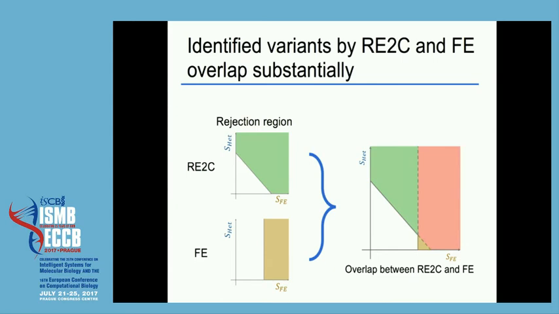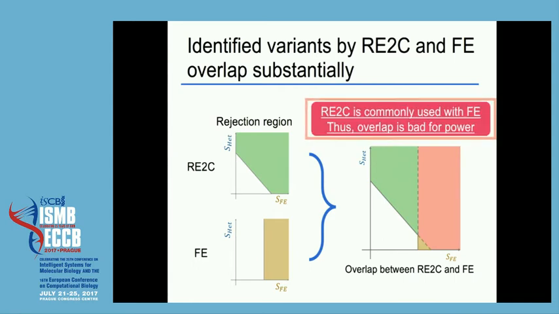We found that the variants identified by R2C and FE overlap substantially. This can be a problem because R2C is commonly used together with the fixed effect model, just as the random effect method is commonly used with the fixed effect model, because detecting a homogeneous effect is of primary interest in most meta-analyses.